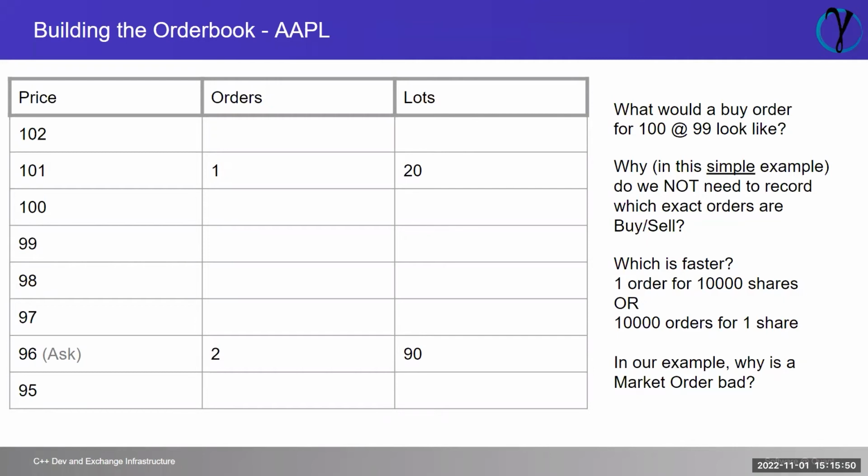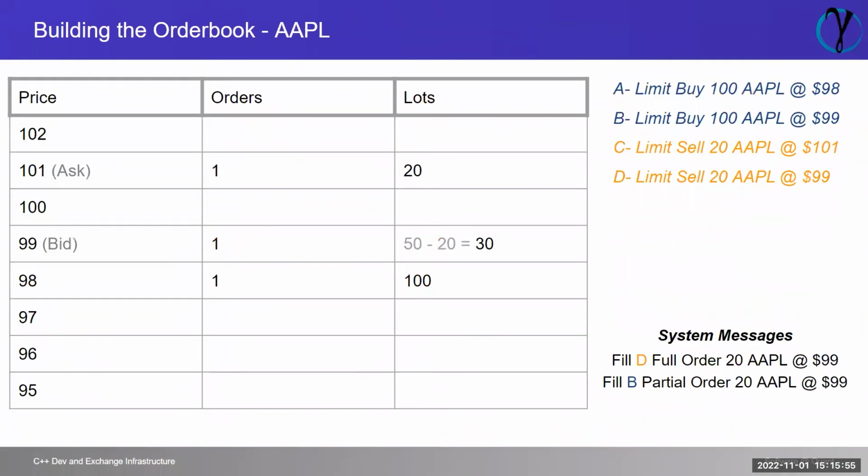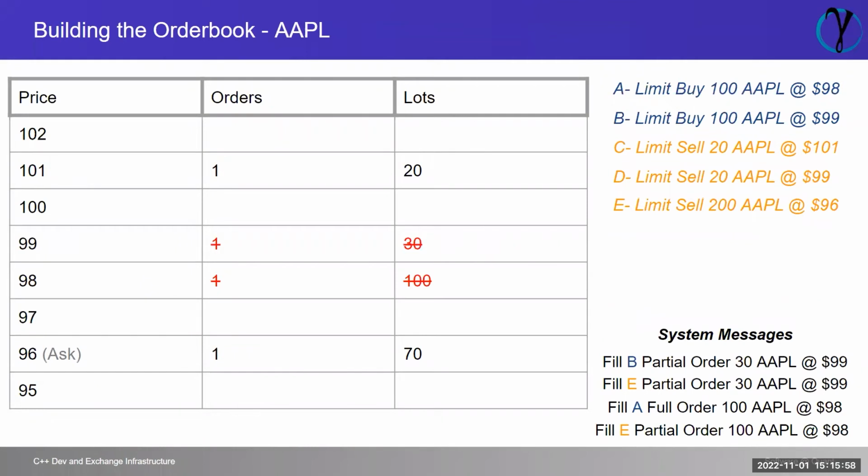All right. In our example, why is a market order bad? If we look back here, remember how we had one order that literally wiped through two price levels? If someone's market order just so happened to arrive at the same time, because again these are happening maybe nanoseconds apart, maybe in the same millisecond range, or even less, that gets executed and maybe it trades around this price, and then that market order gets filled and you get filled at 96, not 99, which is when you would have placed the order.